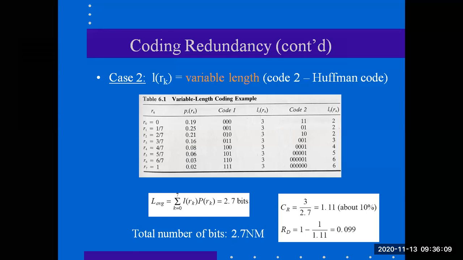So from this second code word, the Huffman variable length code, calculate the L average over the number of levels, the average of the bit length, and you will get 2.7 bits. 2.7 bits.